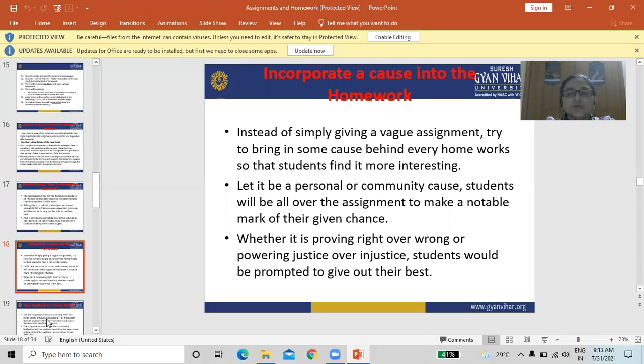Students will be all over the assignment to make a notable mark with their given chance, whether it is providing right over wrong or empowering justice over injustice. A student would be prompted to give out their best.